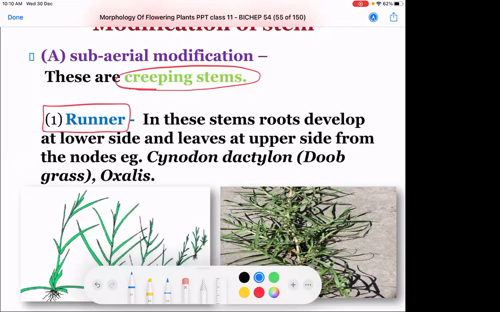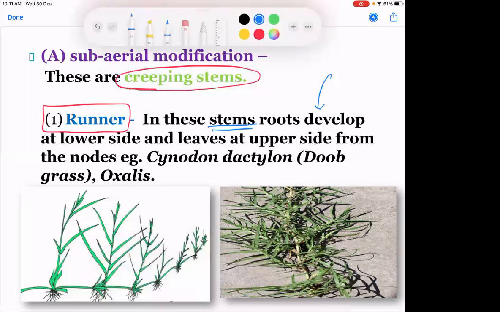Now the stems of this runner, roots develop at the lower side and leaves at the upper side from the node. Now what is a node? For example, if this is the stem, which is a very weak stem, it is a long stem.